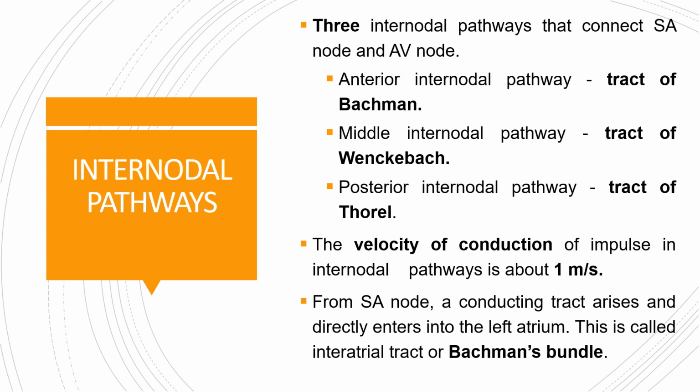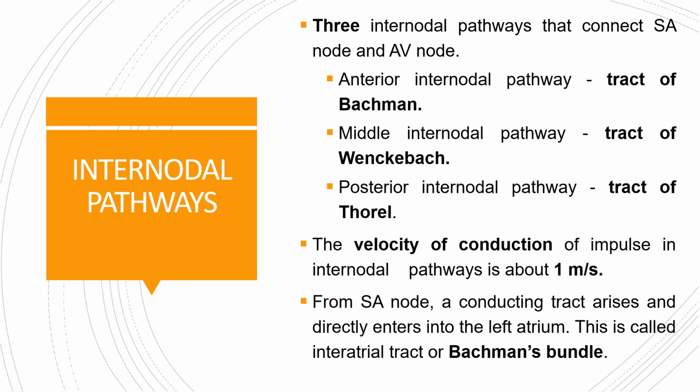Now the internodal pathways. There are three internodal pathways that connect sinoatrial node and AV node. The anterior internodal pathway is also known as tract of Bachmann. The middle internodal pathway is known as the tract of Wenckebach.